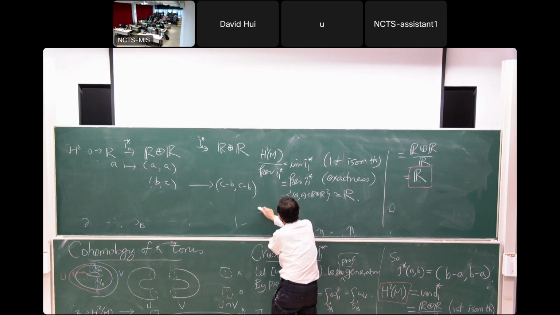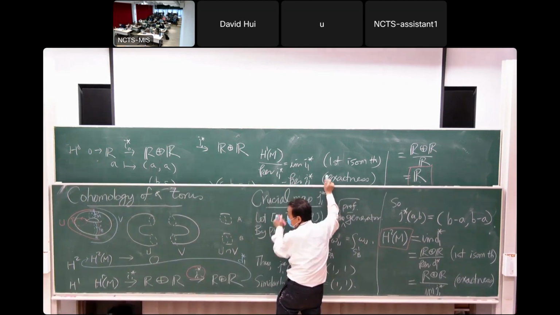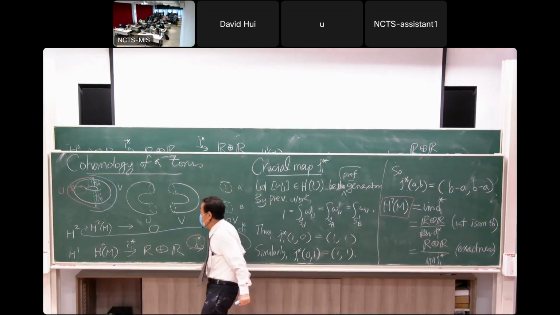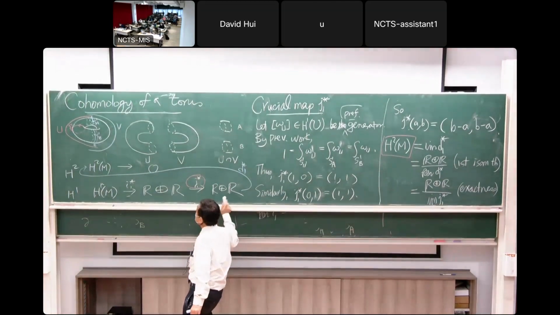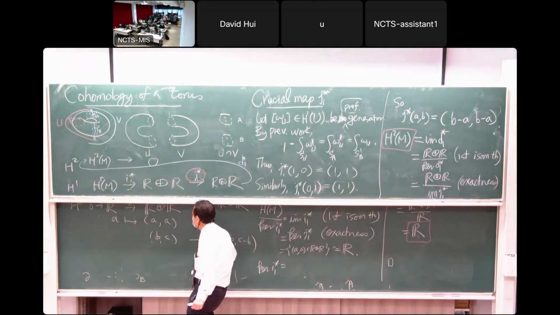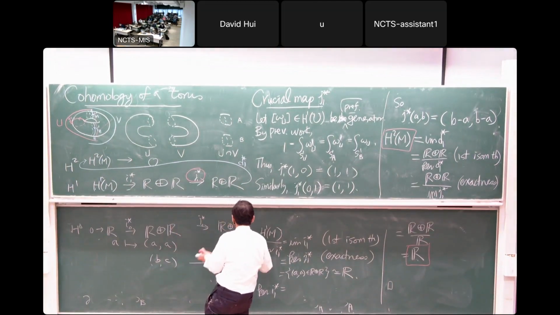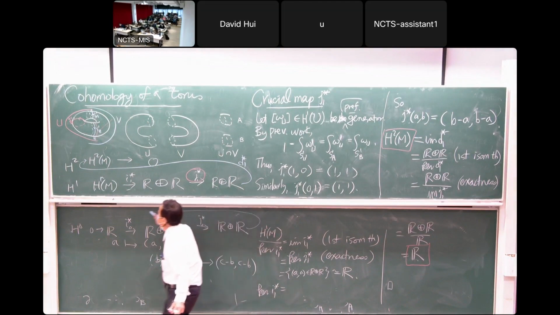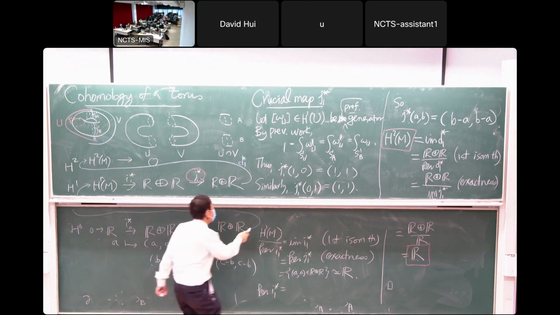And now I have to figure out the kernel of I1 star, okay? Now, the kernel of I1 star, by exactness, is the image of this map, D0 star.